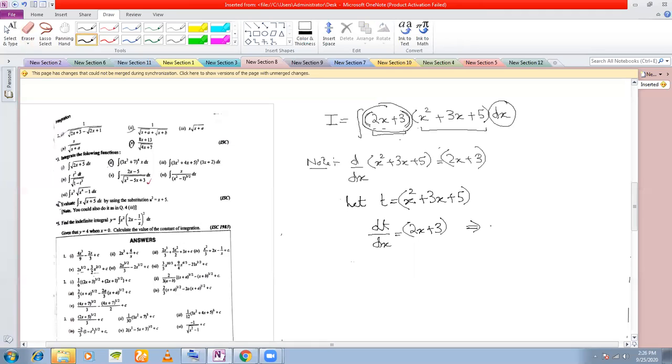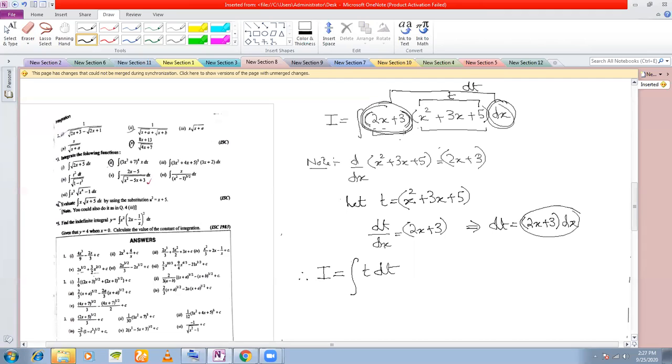So that means you get from here dt is equal to 2x plus 3 into dx. Both of these will combine to give you a dt, right? And this part is t. So I can write this as t dt.